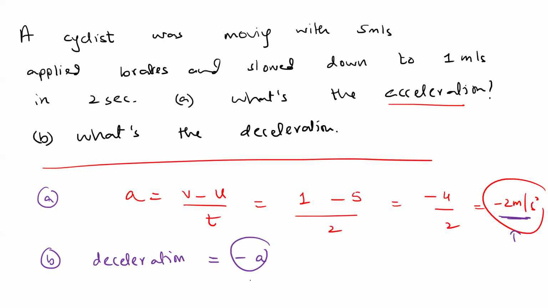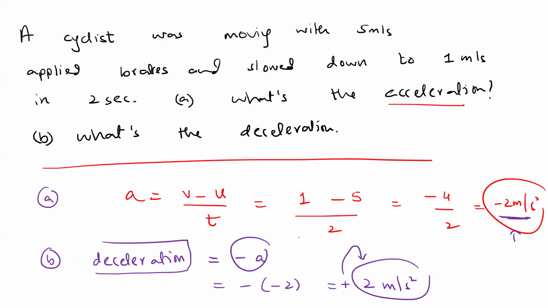That's already negative acceleration, so deceleration would be only 2 meters per second squared. You have to very carefully observe the sign here. Plus in case of calculating deceleration, minus in case of calculating acceleration. Do you get it?